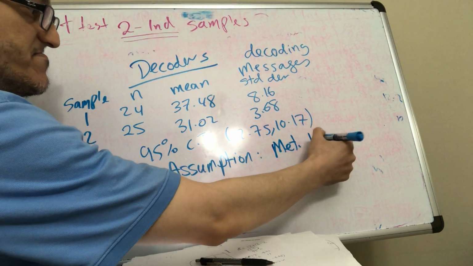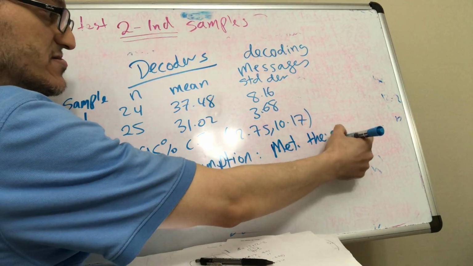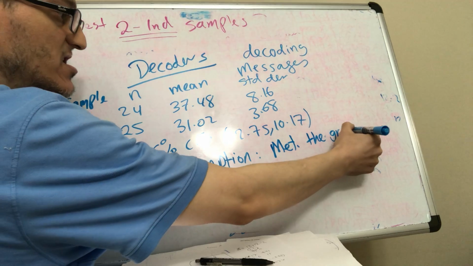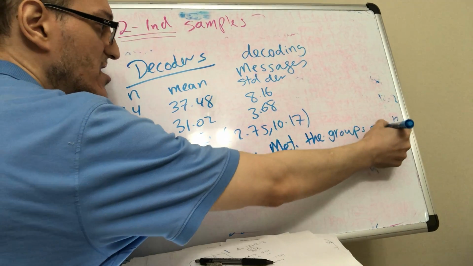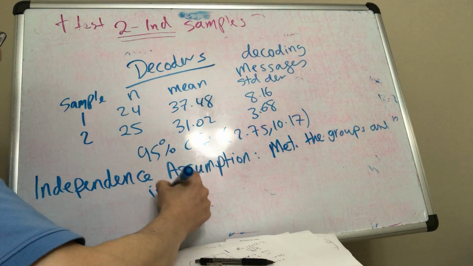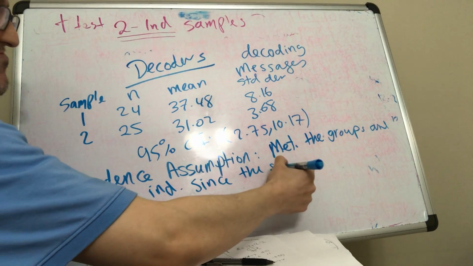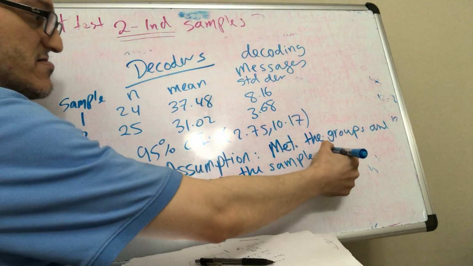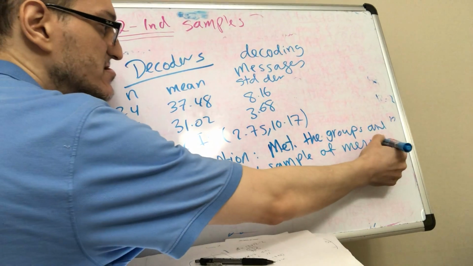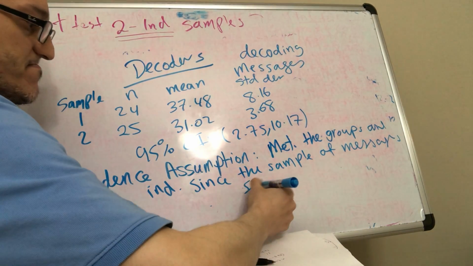The groups are independent since the sample of messages was selected randomly.